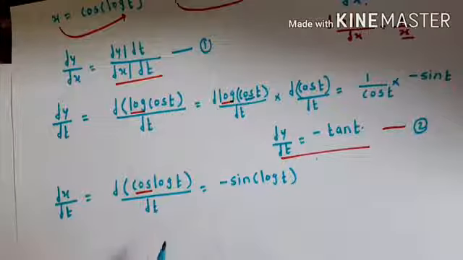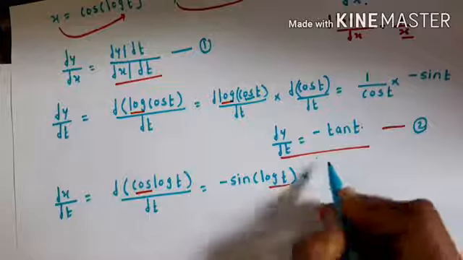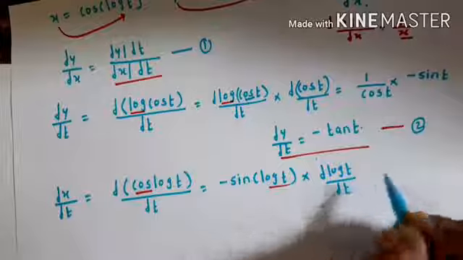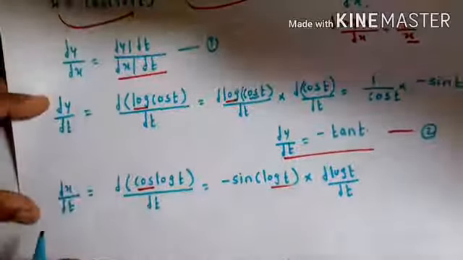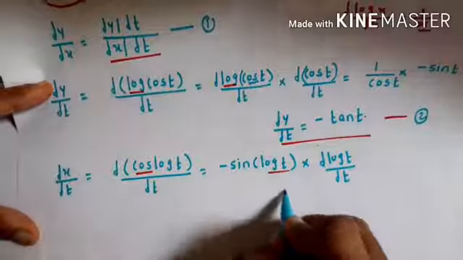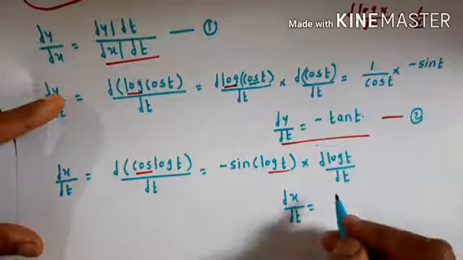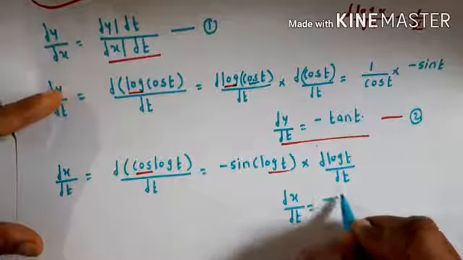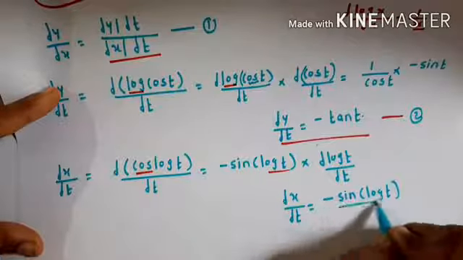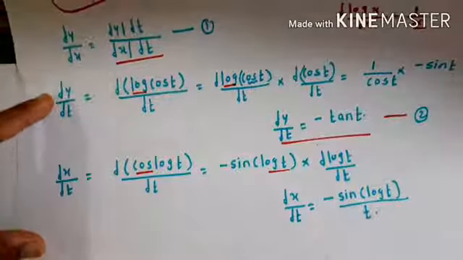But log of t is again a differentiable function, therefore into differentiation of log of t with respect to t according to the chain rule. Here dx by dt equals minus sine of log of t upon t, since the differentiation of log of t is 1 upon t, and this is third.